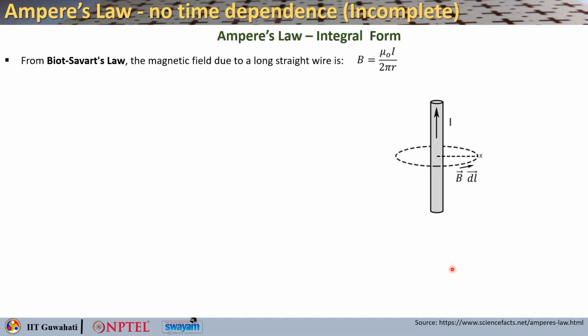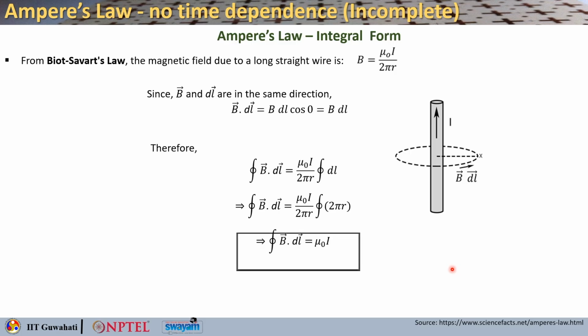You can also write Ampere's law in the integral form, so we will see where it comes from. It starts with the magnetic field due to this current carrying wire. What is the magnetic field that you can obtain from the Biot-Savart law?